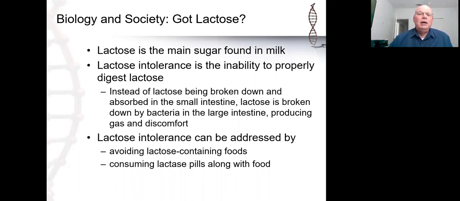Now, as I said, a lot of people have lactose intolerance and don't even realize that they've got it because they have a mild form. But some of you have the not so pleasant form where if you even consume a small amount of dairy containing food, you have all sorts of digestive issues that follow on from that. And that's because while you may not be able to digest the lactose, the bacteria in your small intestine and down on into the colon most certainly can.